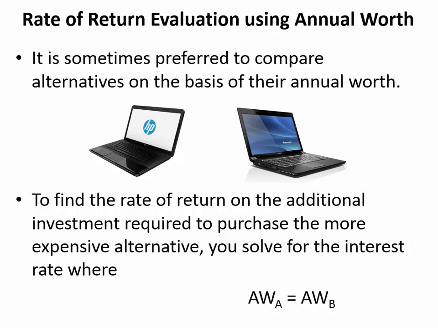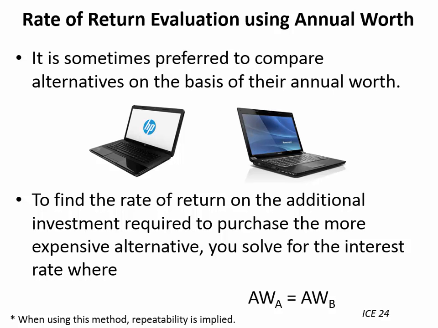And the decision point is, is the increment more or less than the MAR? So the MAR is, of course, most often related to how much we're paying to borrow money. And so if something about the HP makes you more productive, so it costs more, but it's allowing you to do more, then you're going to look at, is the additional productivity and the additional revenue worth how much extra that you have to pay?